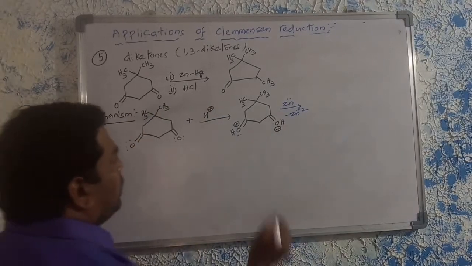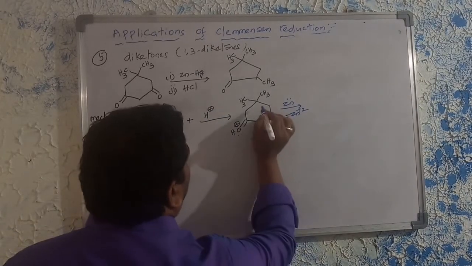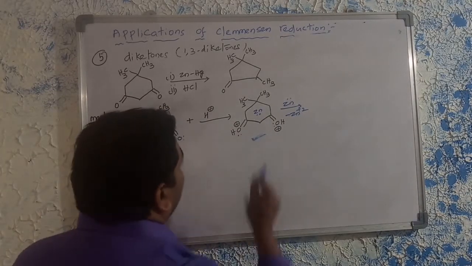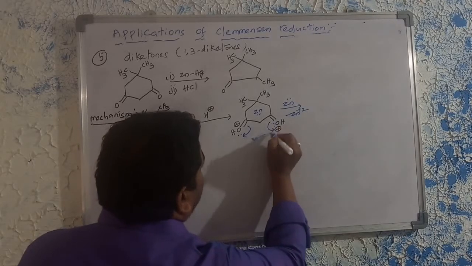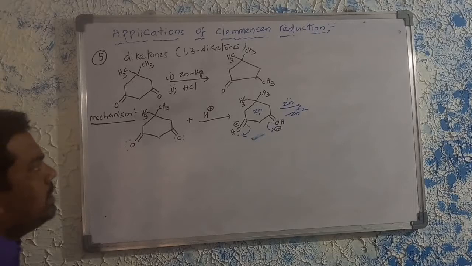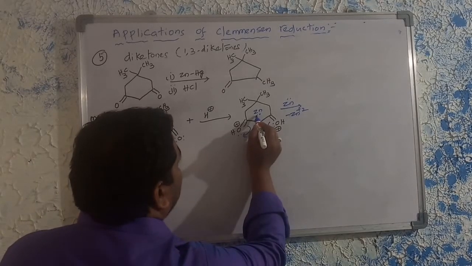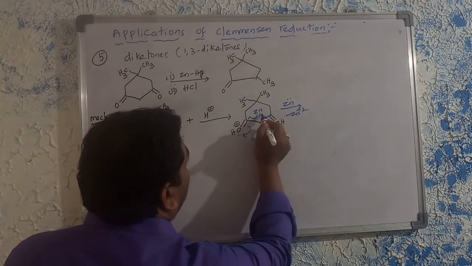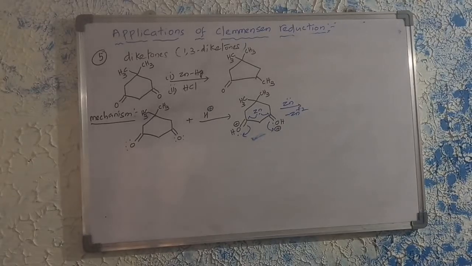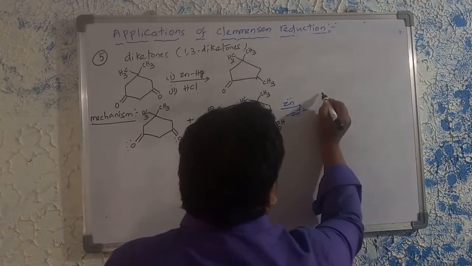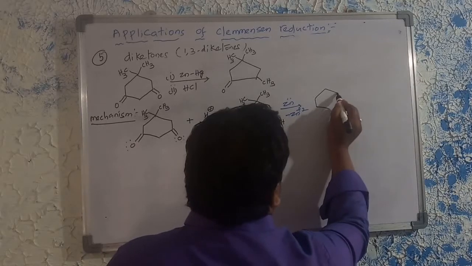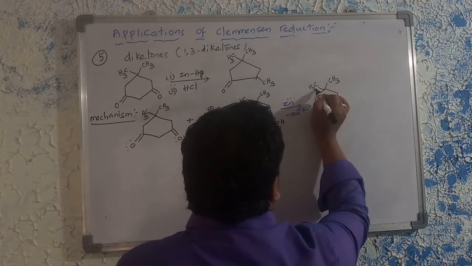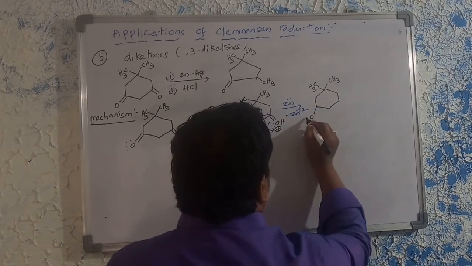We write the zinc like this. Here the bond is shifted towards the more electronegative oxygen atom. At the same time, this pair of electrons shifts to this carbon atom and this carbon atom undergoes a radical process. CH3, it becomes OH.